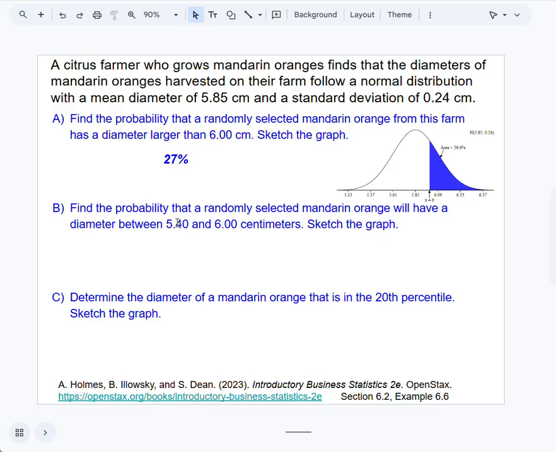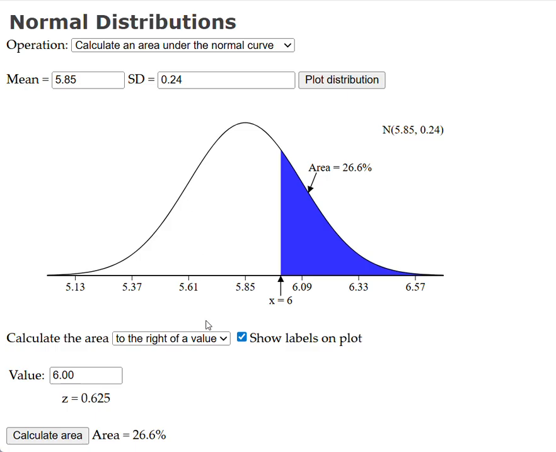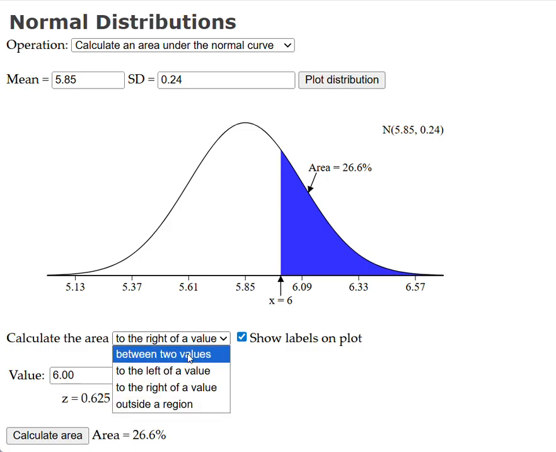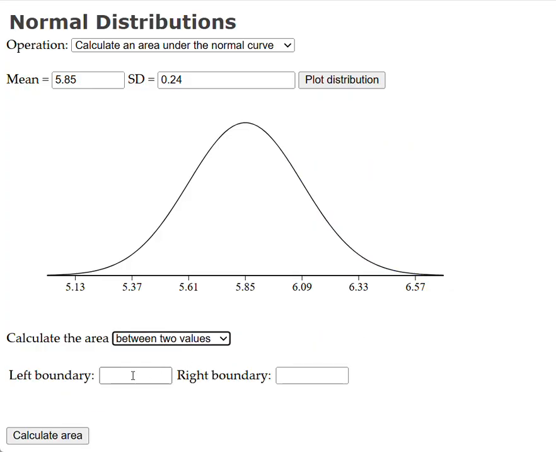All right, here you're randomly picking an orange again. But now you want to know what's the chance that you're going to get an orange that's between 5.4 and 6 centimeters in diameter. So now we have 2 values, and it does say between, right? So we're going to switch this to between 2 values.